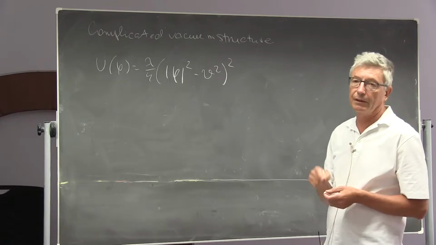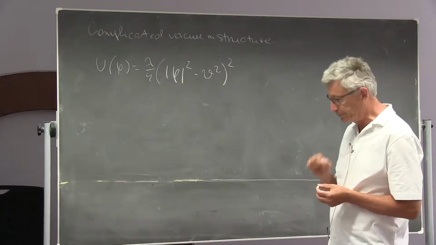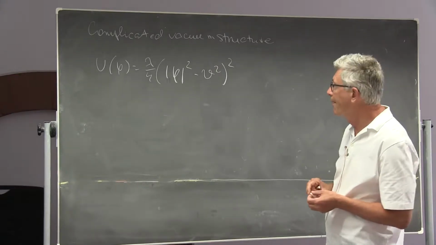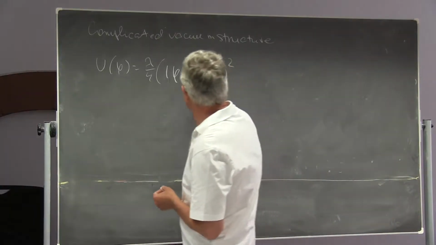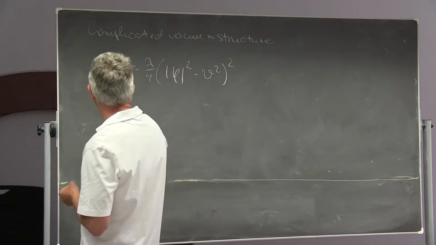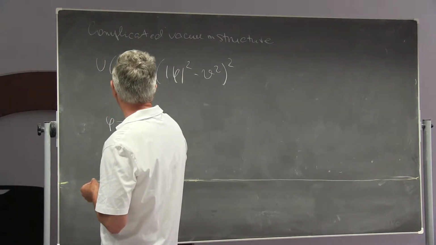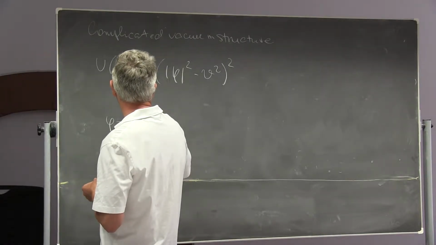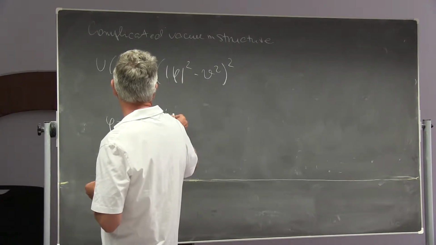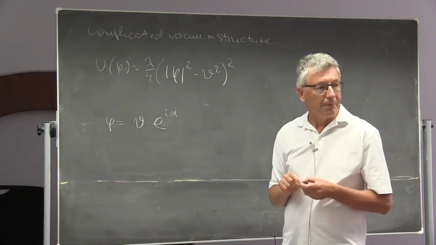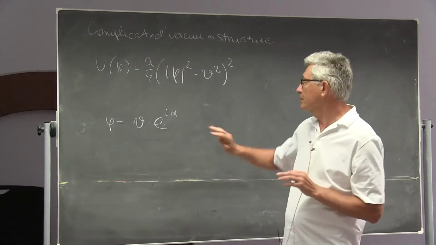So it has the same form as the Higgs potential in the standard model. On the classical level, the minimum of the potential energy is given by v times some phase. Okay, and we would say, okay, so that's it.